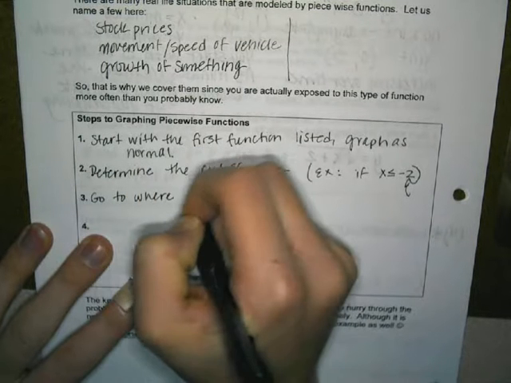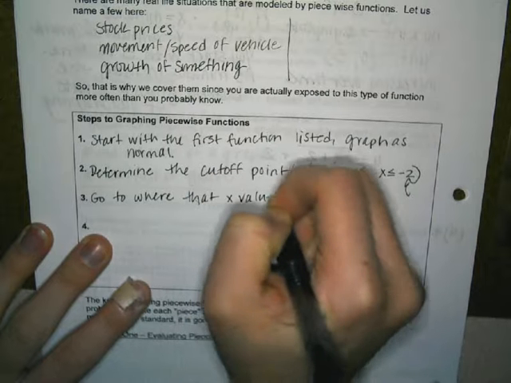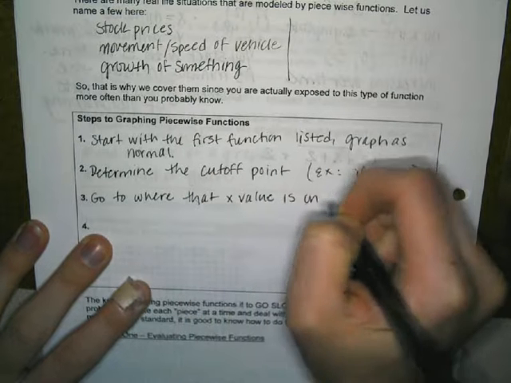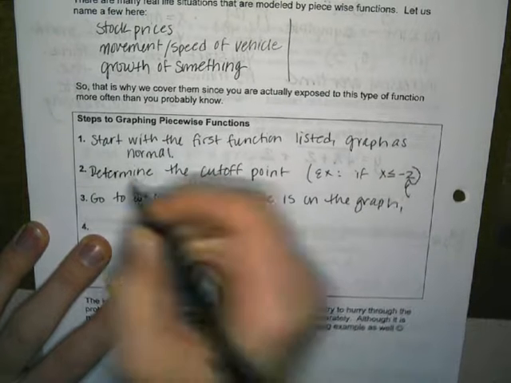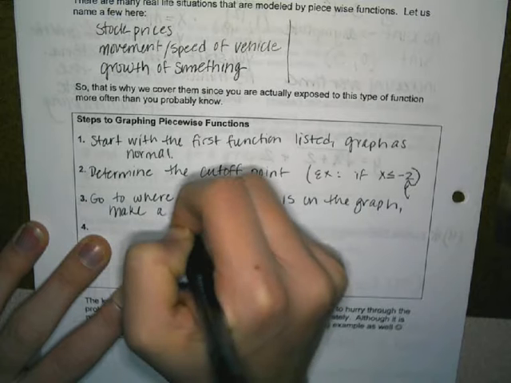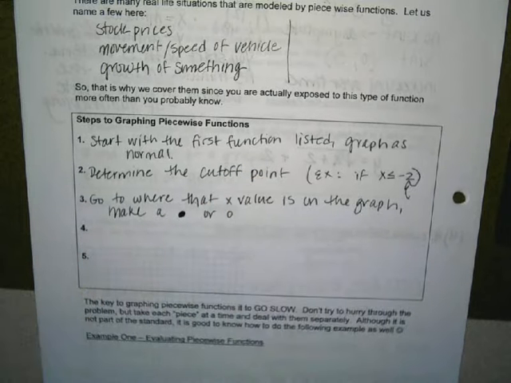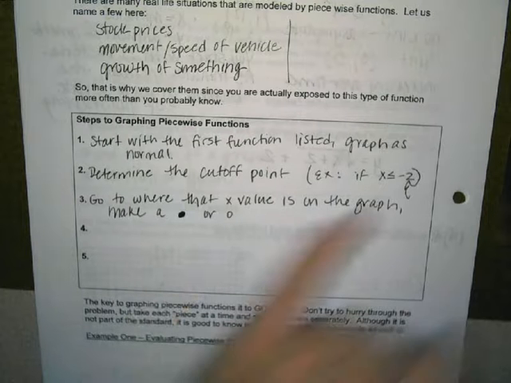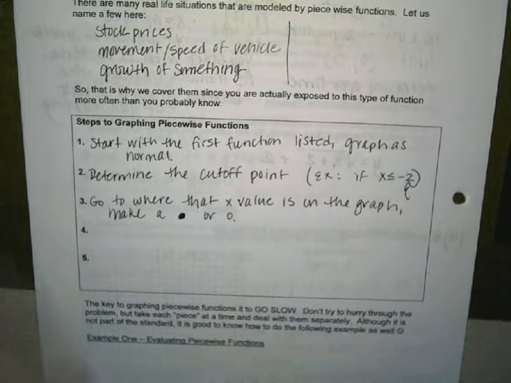Go to where that x value is on the graph and make a solid dot or open circle. And the solid dot or open circle is dependent on whether you have an equal to bar or you don't.